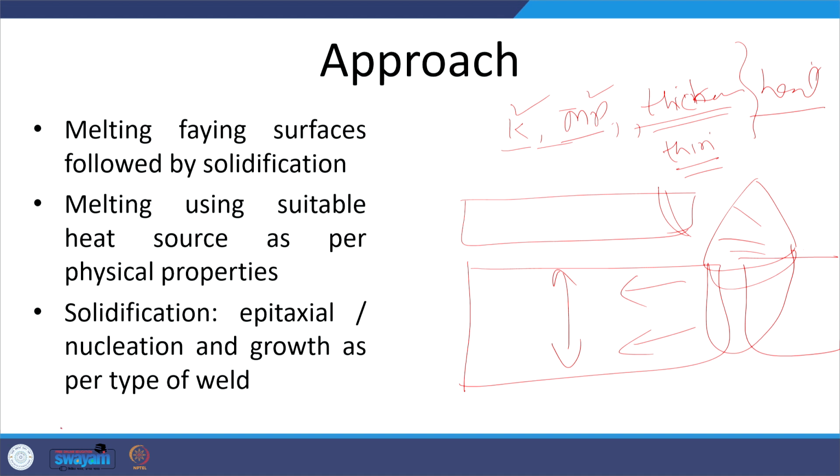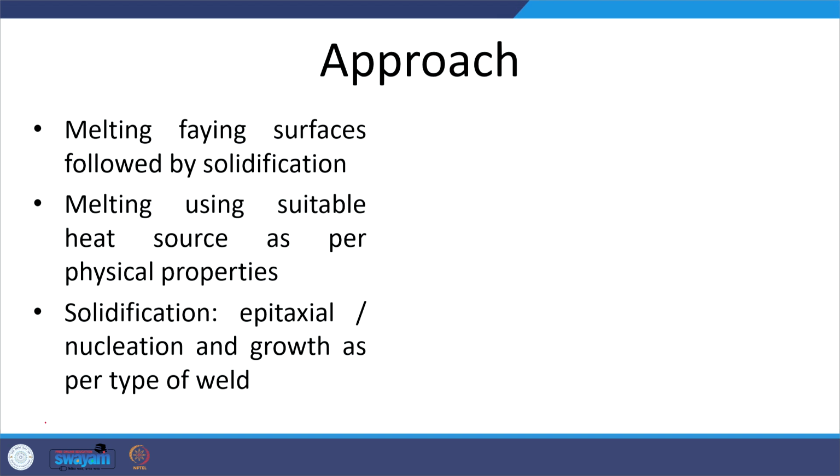These two will be governing the rate of heat generation and the rate at which heat will be delivered to the base metal. So, it is important that melting is done using a suitable heat source as per the physical properties, which are thermal conductivity, melting point and thickness.